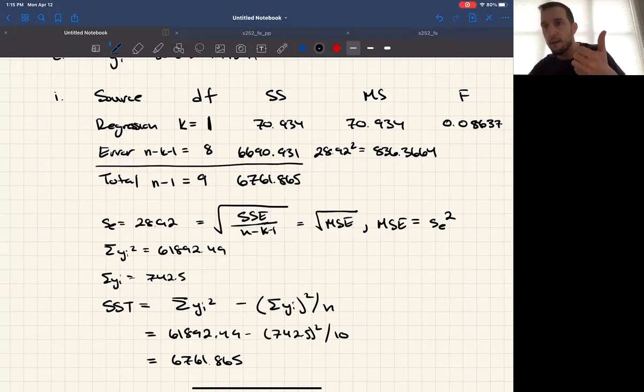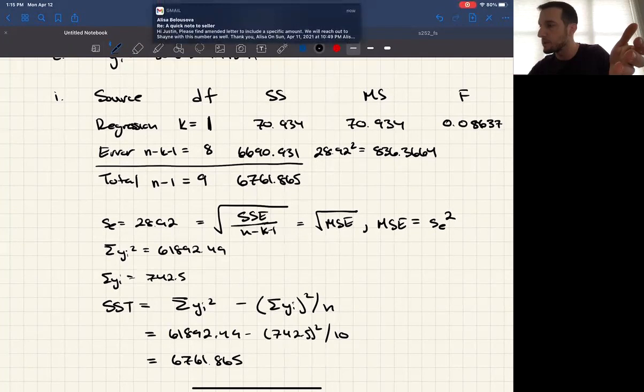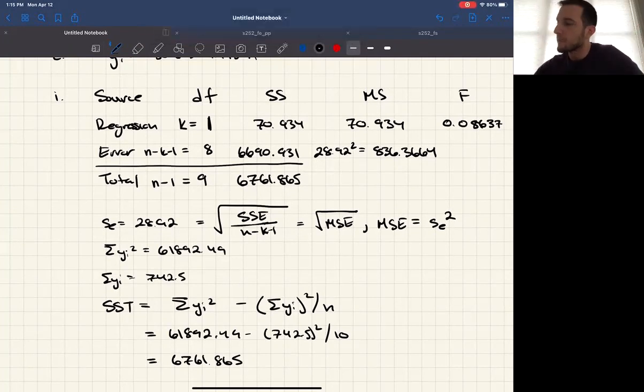If you have the sample size and the model, you can work out the degrees of freedom from just that information. The sum of squares and the mean squares can be found in a variety of ways. In this particular problem, I purposefully gave SE to test if you recognize the relationship between SE and the mean squared error. This formula relating MSE and SE is a definition, so you can always use it.